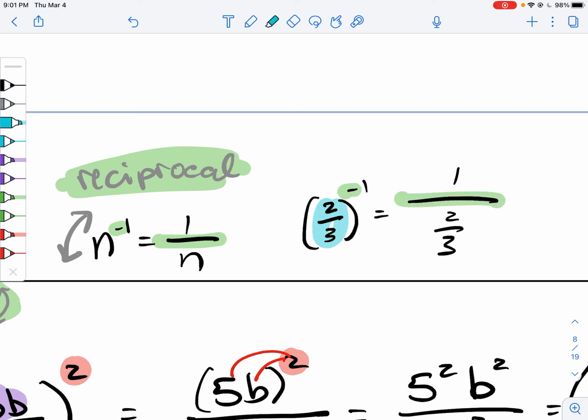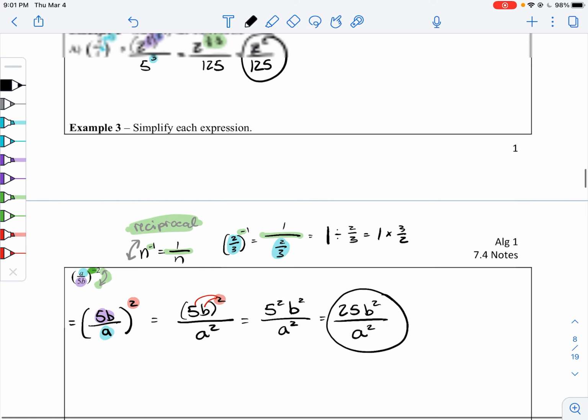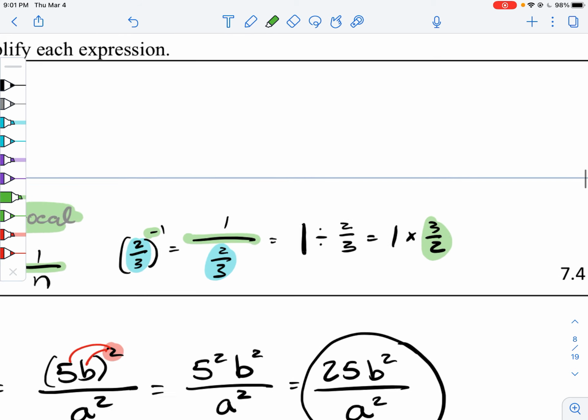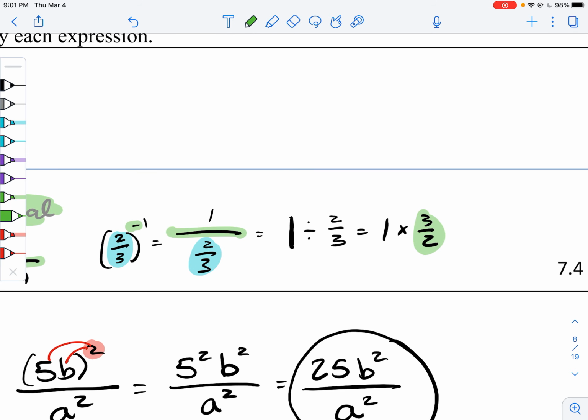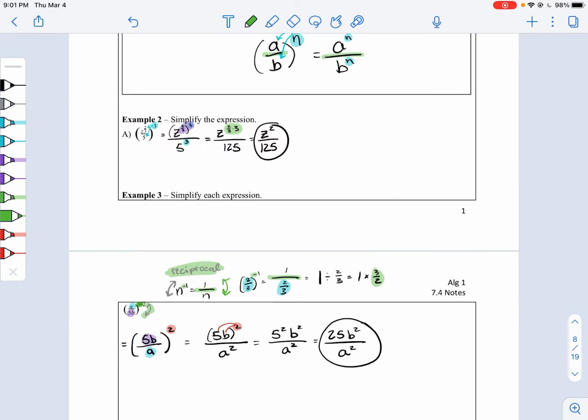So you've got 1 over 2/3, which is 1 divided by 2/3, which is the same thing as 1 times 3/2. Oh, hey, you flipped him upside down. 2/3 became 3/2. We flipped out. So negative exponents means flip them upside down, means 1 over that guy.